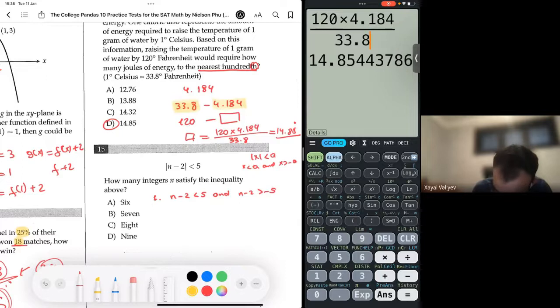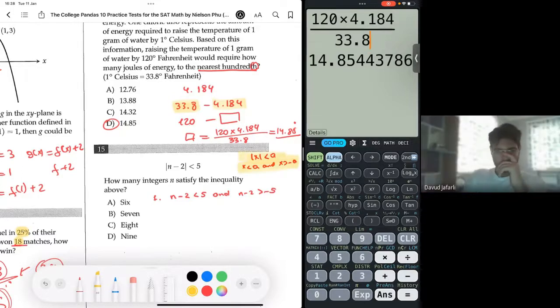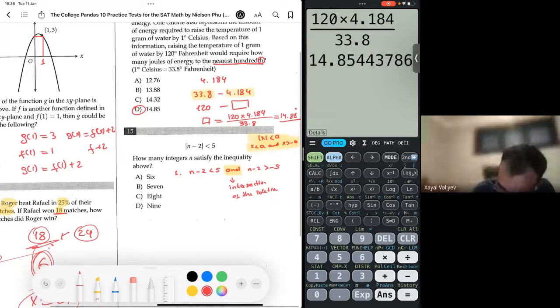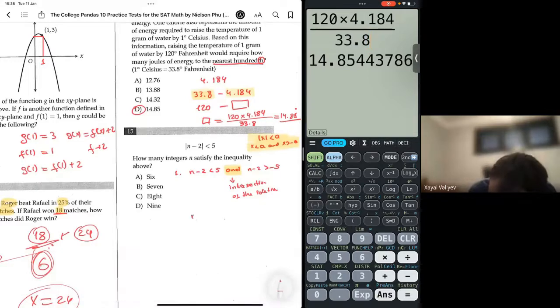Do you remember we've been over this? Yeah. And I will find the intersection of the solutions. So n minus 2 less than 5 means n less than 7 and n greater than negative 3. So n greater than negative 3 and less than 7 is this part.